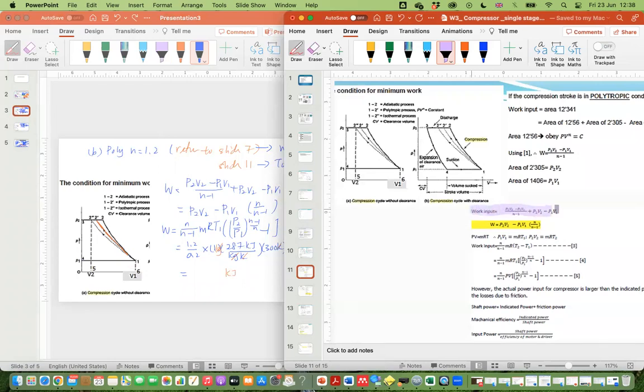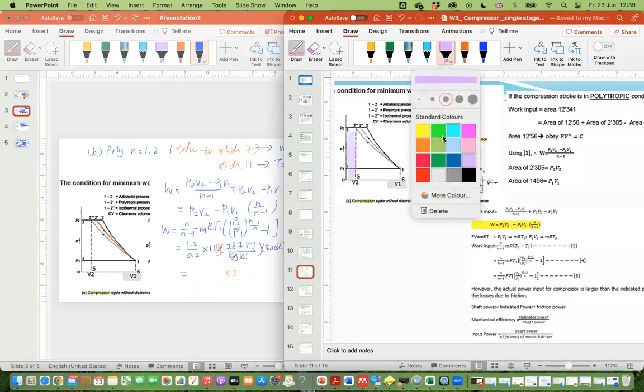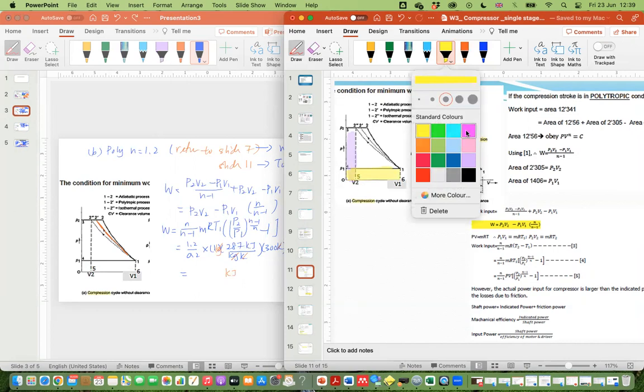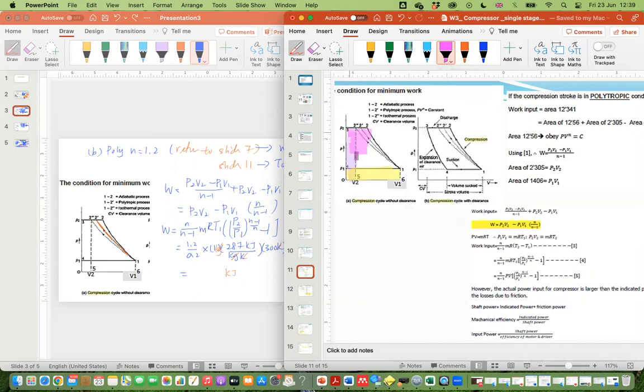Work input equals P2 V2 minus P1 V1 over n minus 1, plus P2 V2 here, and then you minus the yellow part. Therefore, you can get the whole thing. Does that make sense?